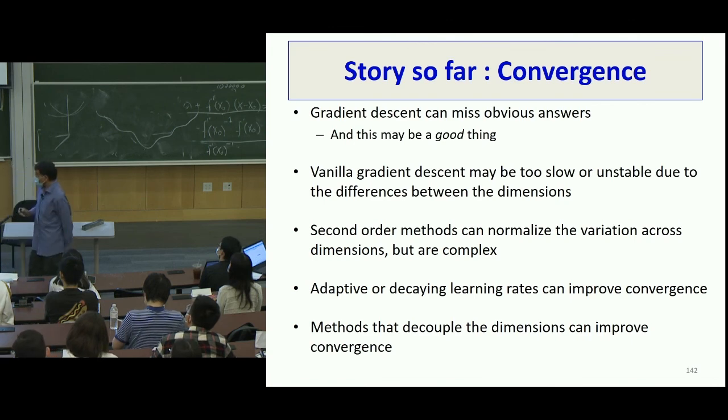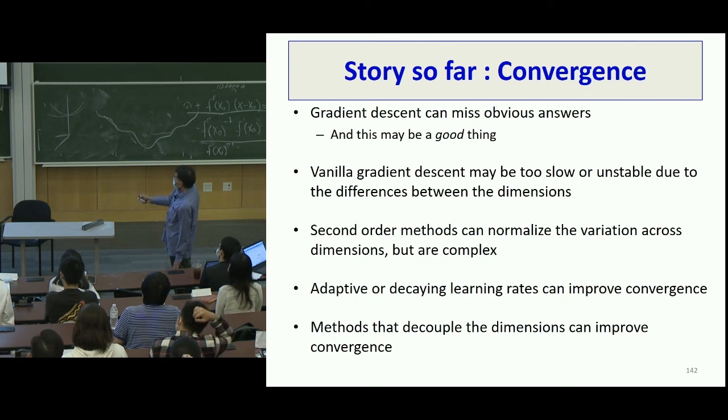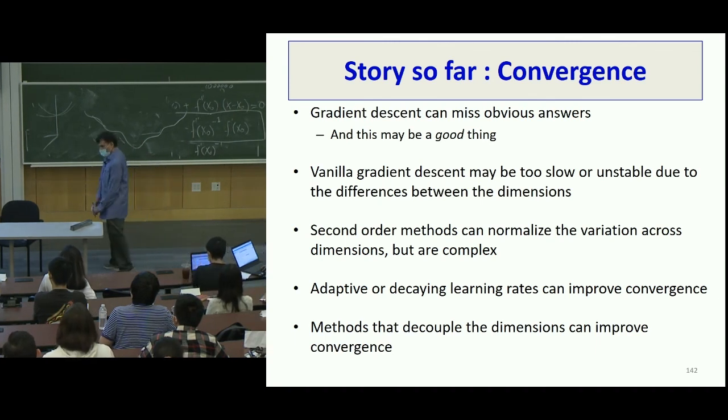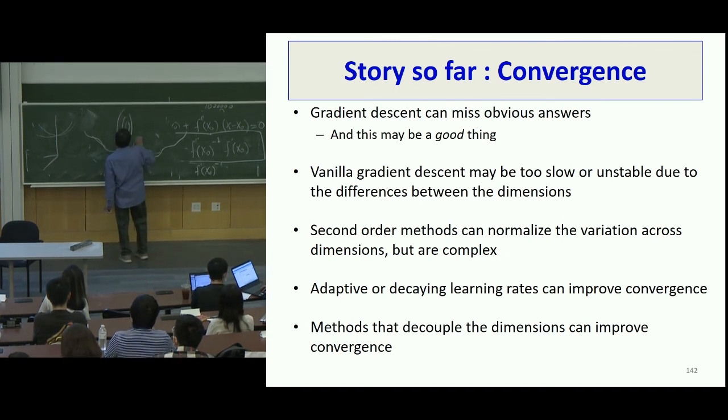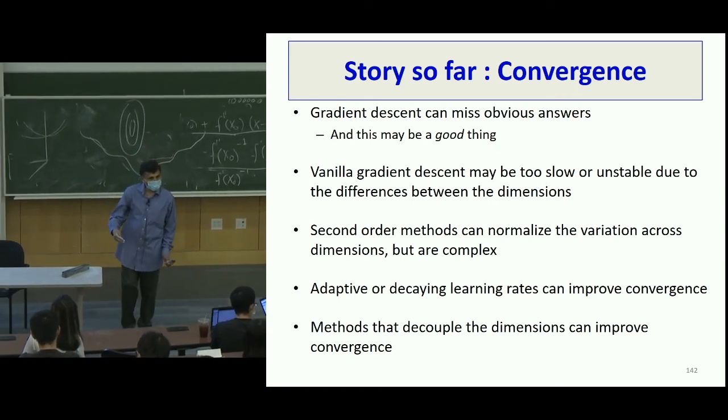Anyway, so here's what we found. Second order methods can normalize the variation across dimensions. If I have a bowl of this kind, the obvious thing for me to do is to scale my space, right?